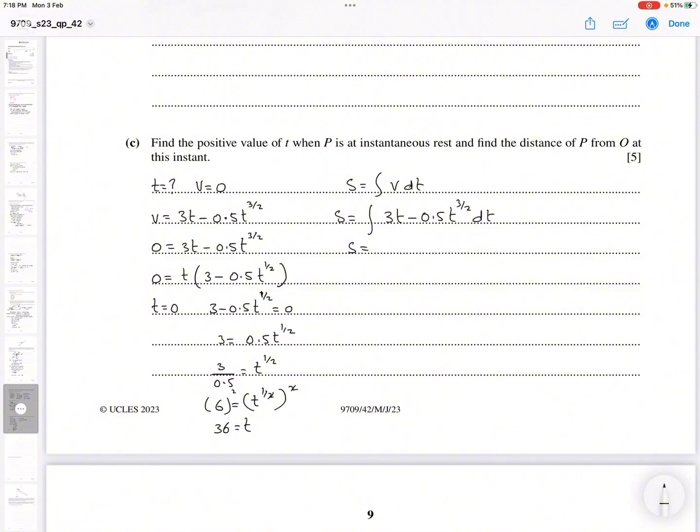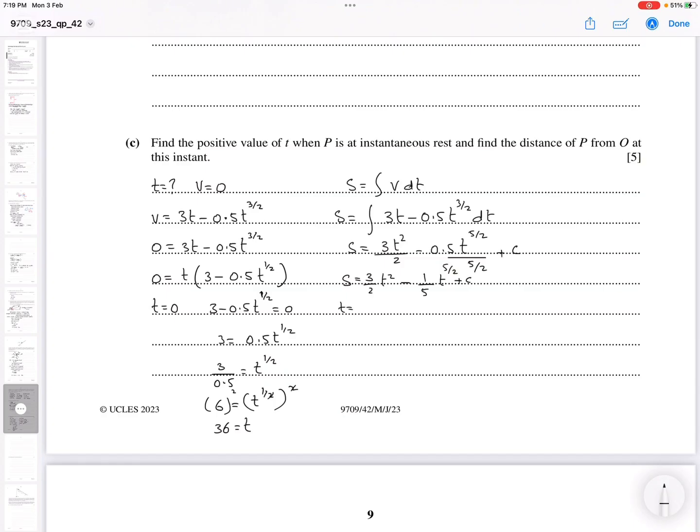So this would be 3t power 2 over 2 minus 0.5 t power, you add 1 to 3 by 2, you get 5 by 2, divided by 5 by 2, plus c. So now simplify this one. So you will get s is equal to 3 by 2 t square minus 1 over 5 t power 5 by 2 plus c.